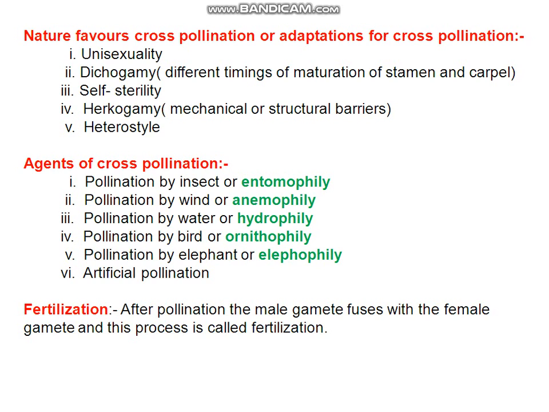Now I am going to discuss how nature favors cross-pollination, or adaptations for cross-pollination. Some plants are having some characteristics in such a way that self-pollination is not possible for those plants.